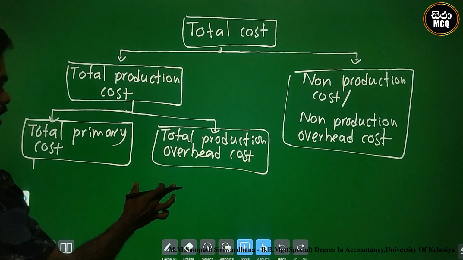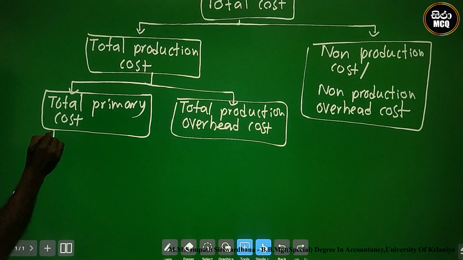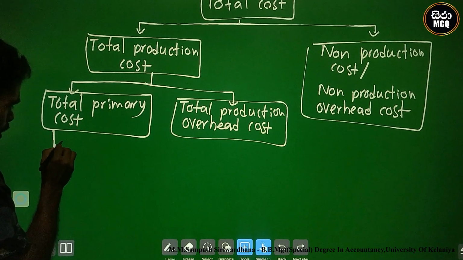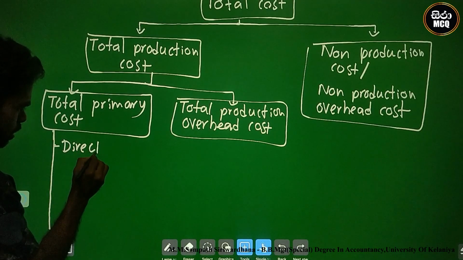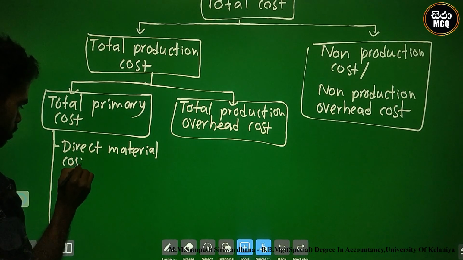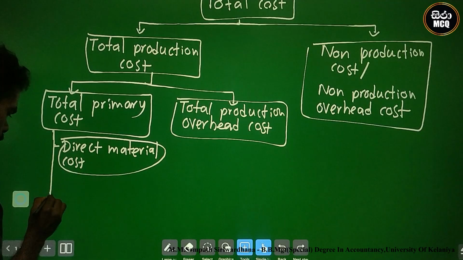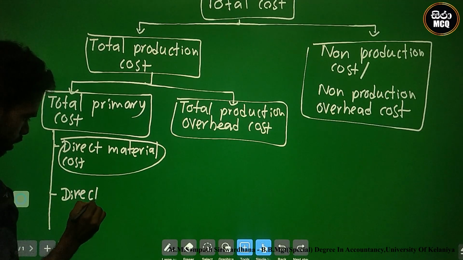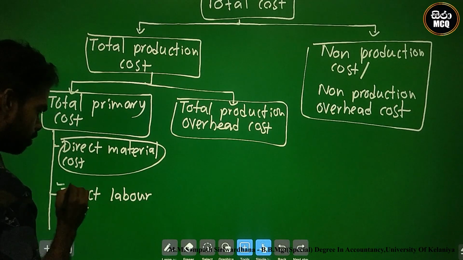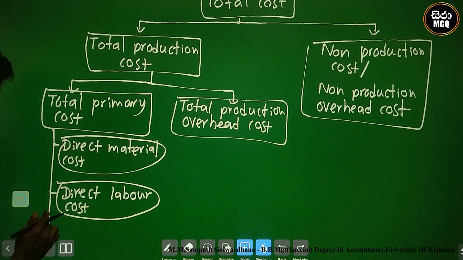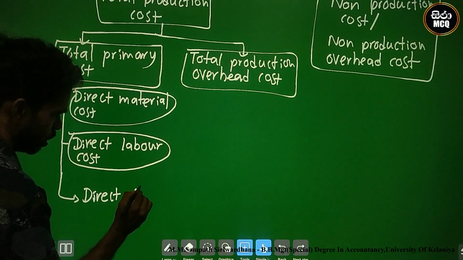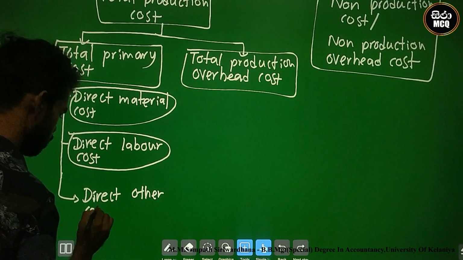Primary cost can be classified into direct material cost, direct labor cost, and direct other cost.